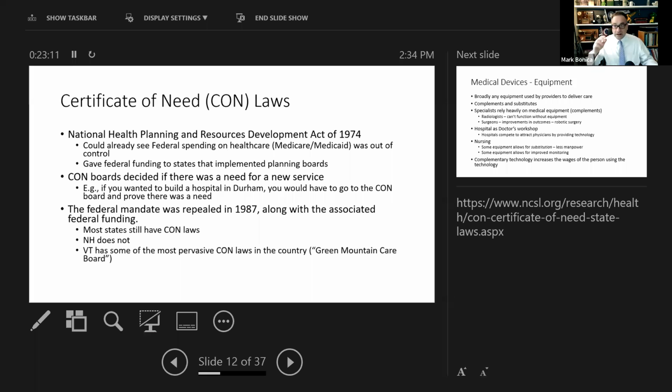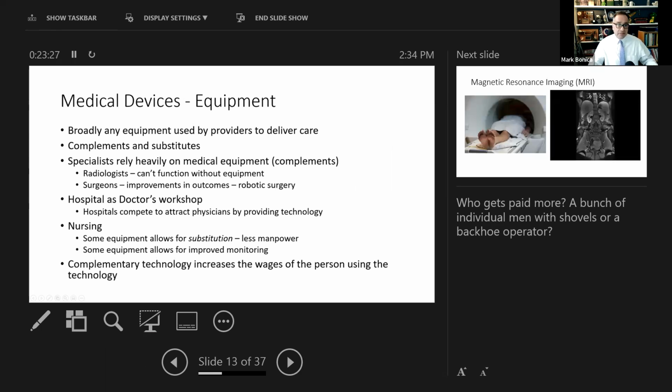They have to go and beg permission. And I don't think there's any evidence that shows that it works particularly well. I can tell you that the people that actually provide the healthcare do not like the system. So CON laws, you'll hear about them.